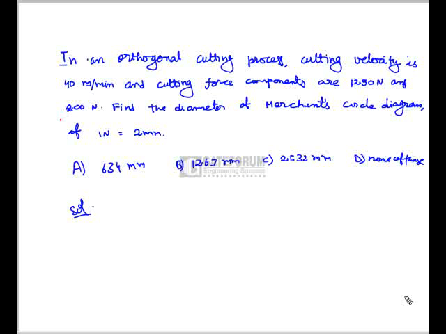So here diameter of merchant circle is given by resultant of the components of cutting forces.